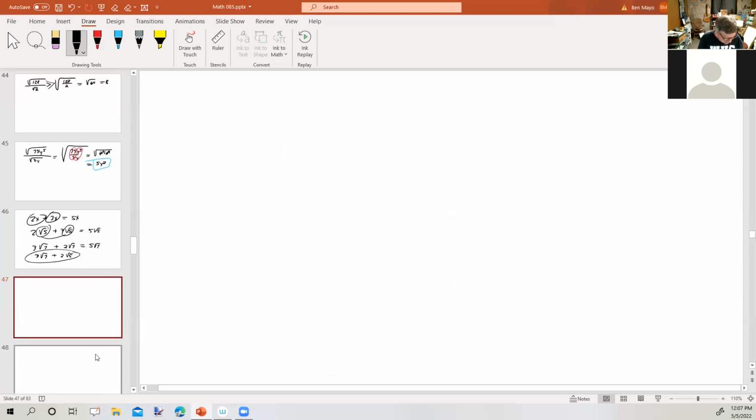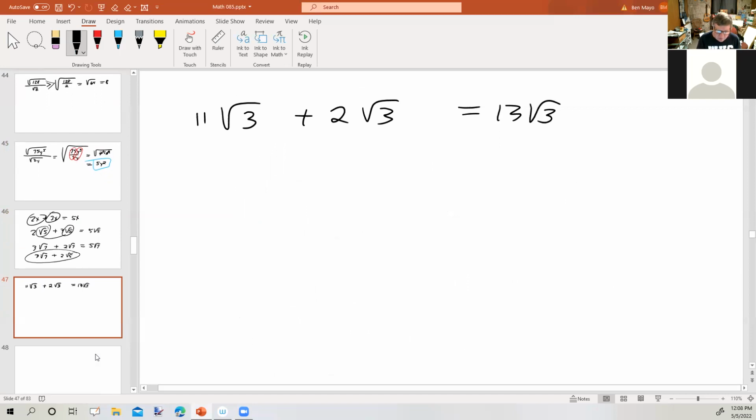All right, now, this next set of directions says simplify by combining like radicals. 11 square roots of 3 plus 2 square roots of 3. These are like radicals, so that would be 13 square roots of 3.